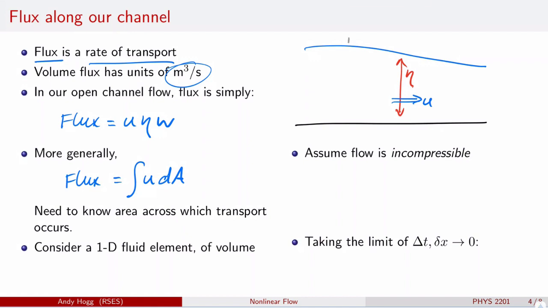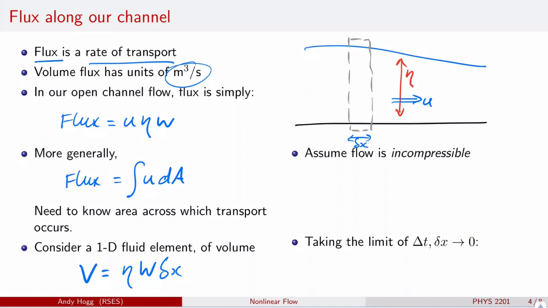For this particular case here, I'll consider a one-dimensional fluid element of unspecified size. And this fluid element has volume V, which I'm going to write as simply eta times W times delta x, which is the length of the fluid element.